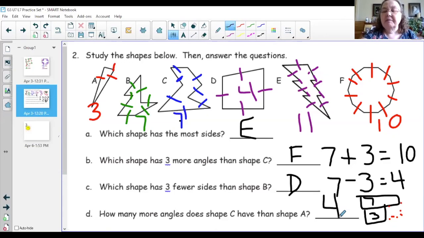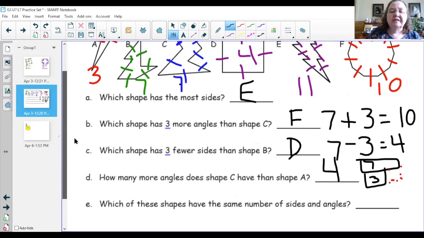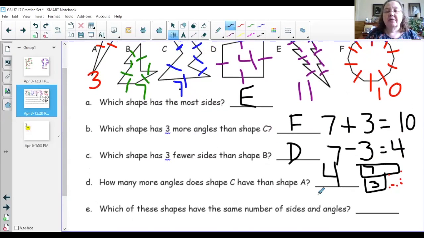Because 7 minus 4 is 3, or 3 plus 4 more is 7. And then finally, which of these shapes has the same number of sides and angles? And we could say what? B and C. How many of you got them all right? Wonderful.